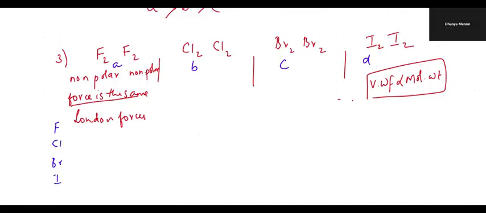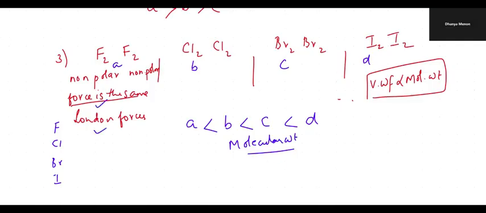It's increasing. So A is less than B, which is less than C, which is less than D. Why are we checking the molecular weight? Because the driving force is the same. All of them are non-polar. It is London forces, dipole-induced dipole interaction. I hope it is clear. Right.